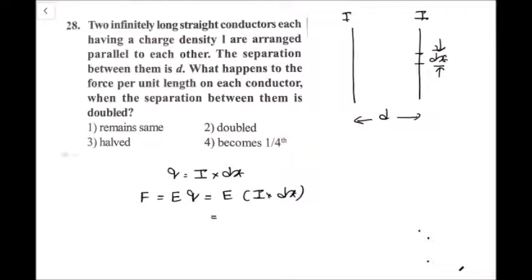And we know the expression for intensity of electric field due to a long straight conductor is lambda by 2 pi epsilon naught r. Here instead of lambda, I is given in the problem, so I by 2 pi epsilon naught d into I into dx. So that is equal to I squared by 2 pi epsilon naught d.